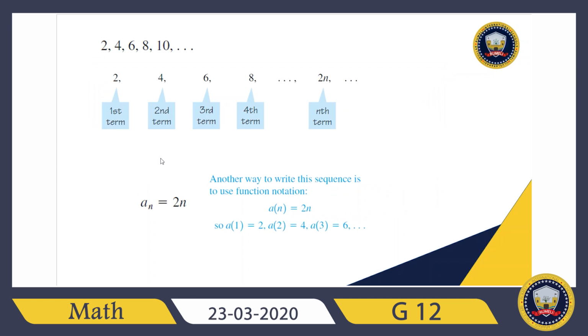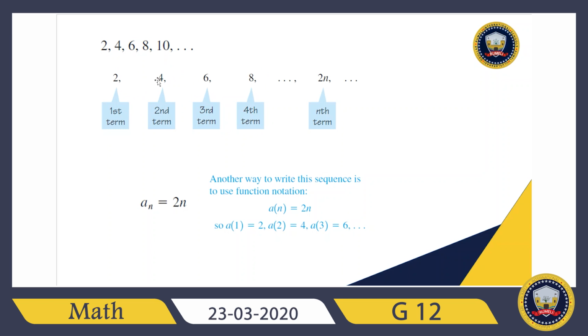Let's take an example. In this example we have the sequence 2, 4, 6, 8, 10 and so on. This 2 represents the first term of this sequence, this 4 is the second term, the 6 is the third term, and so on. Let's notice the relation between these numbers.